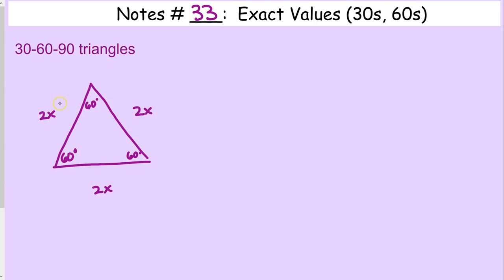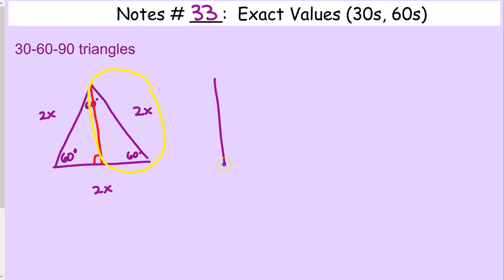It could be anything. And then suppose that you drop a perpendicular from one vertex across to the opposite side. It turns out that that perpendicular is also a bisector. It bisects the opposite side, and it also bisects the angle just because of the symmetry we have in the situation.